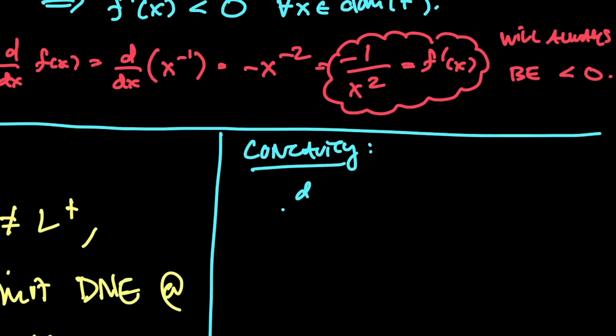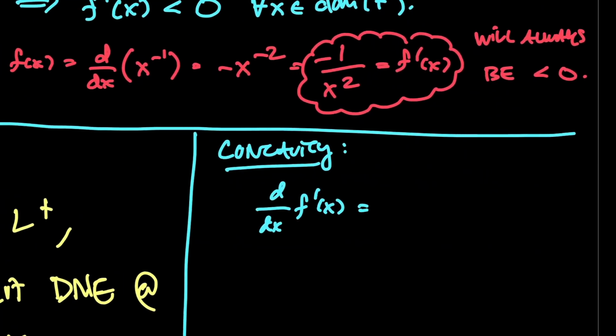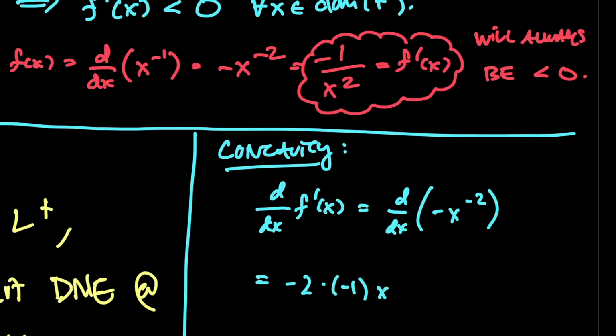Well, if we took the derivative of f prime, we'd see that we're really taking the derivative of negative x to the minus 2, which would be negative 2 times a negative 1, x to the minus 3.